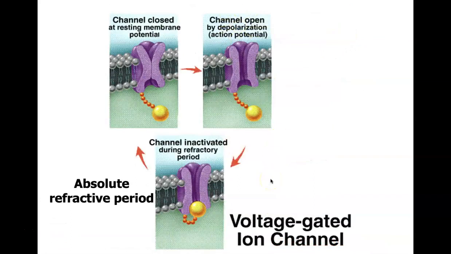Okay. So remember, I talked about absolute refractory periods and relative refractory periods. Here's showing you what a voltage-gated ion channel looks like. And when this channel is totally inactivated during the refractory period, you cannot open it again. You cannot get another action potential then, because these are physically closed and will not open again.